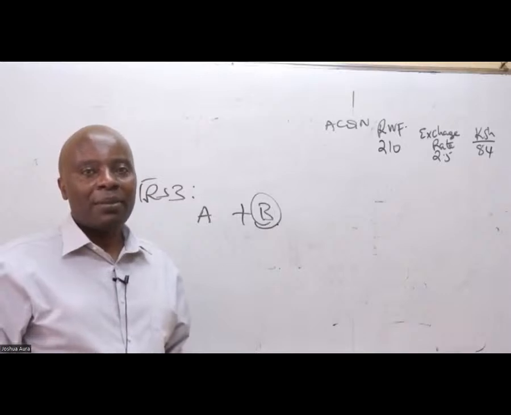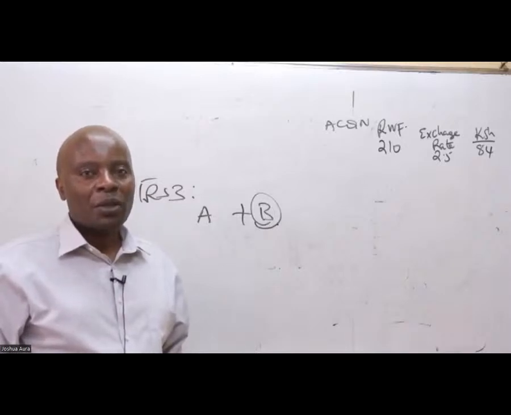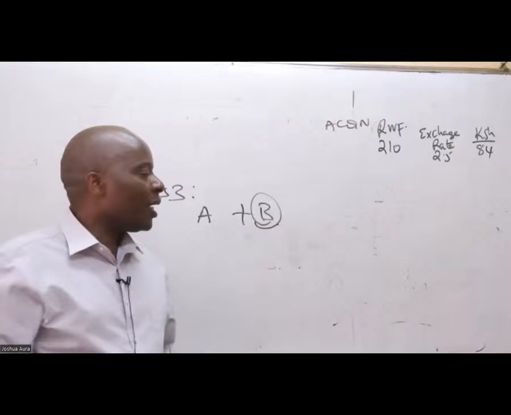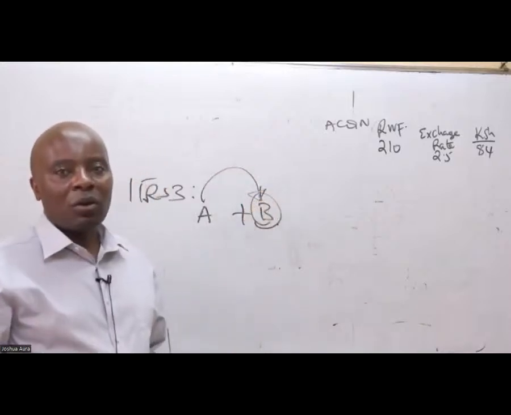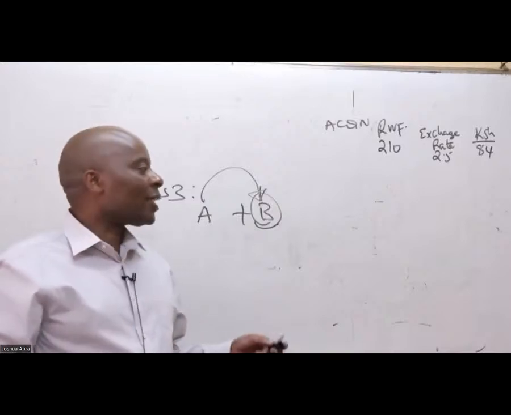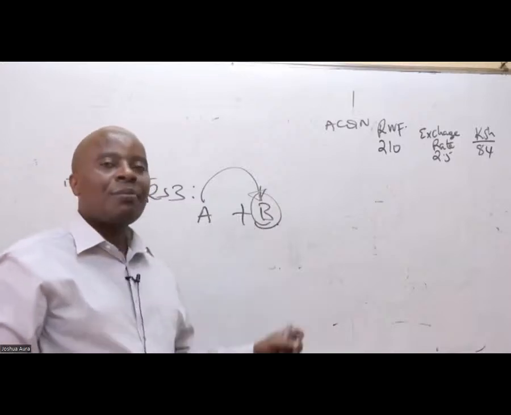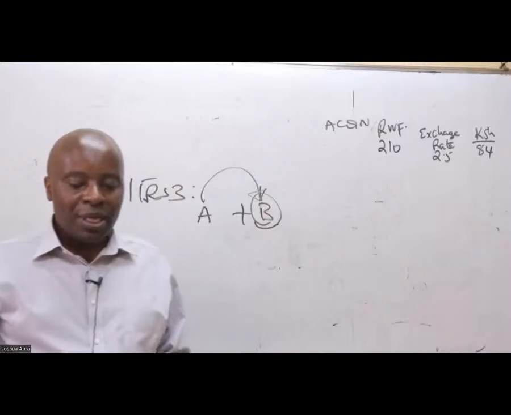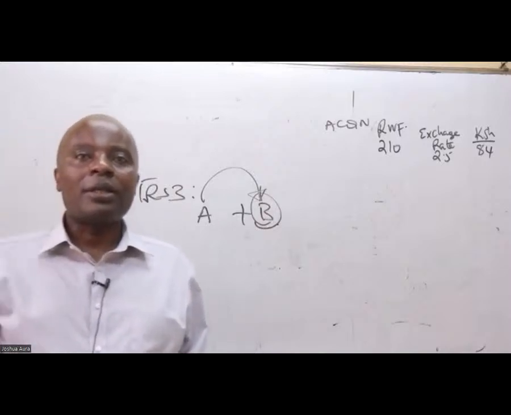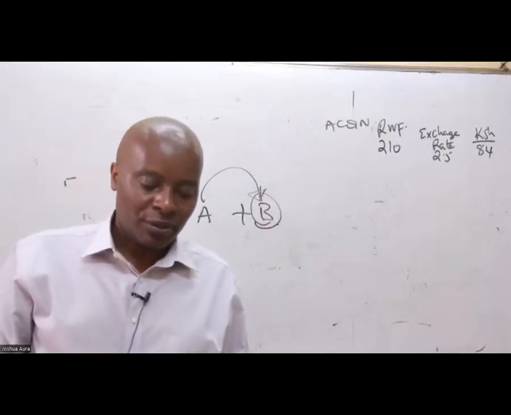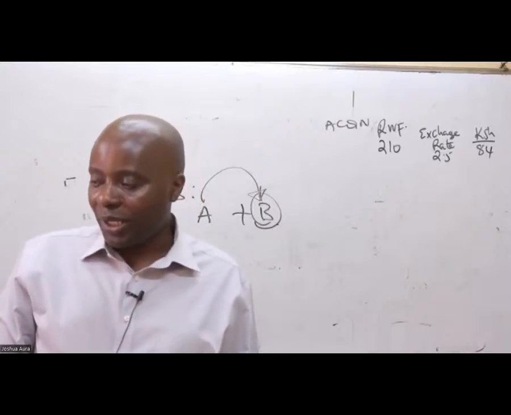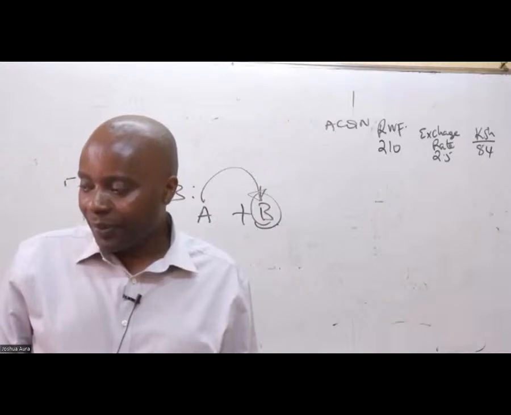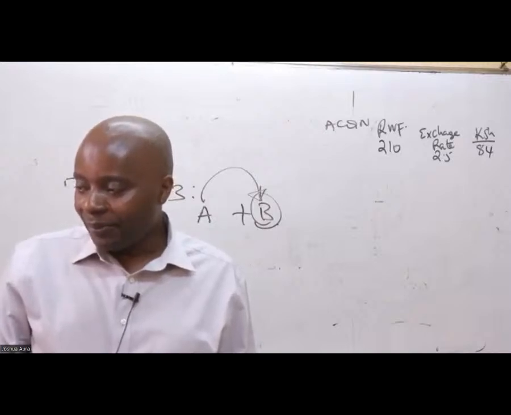So A owns B, but now B has become bankrupt. They're asking you, how will you treat B in the group consolidation at the year end, at reporting?